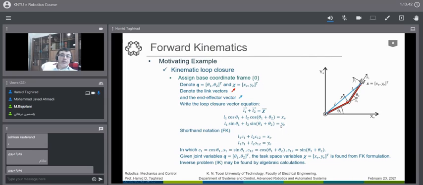And this is forward kinematics. That's all. The loop closure gives you the forward kinematics. What does it mean, forward kinematics? If theta 1 and theta 2 and the parameters of the robot, which are the lengths of the links and the structure that we are using, which is our manipulator, are given, you can easily find XE and YE.